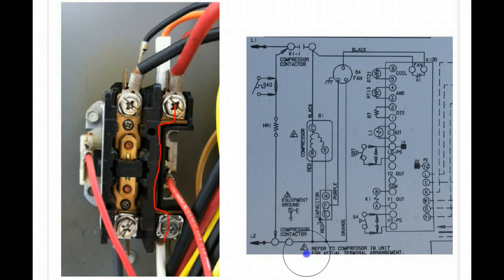So what we end up with is the coil is here, the normally open contact is here, and the straight through contact is here. It's in three different places on the schematic symbol, yet it is only represented by one. It only represents one component in your air conditioning system.